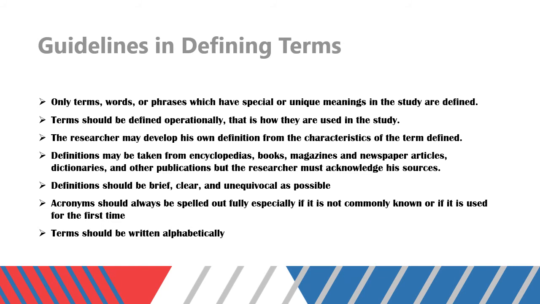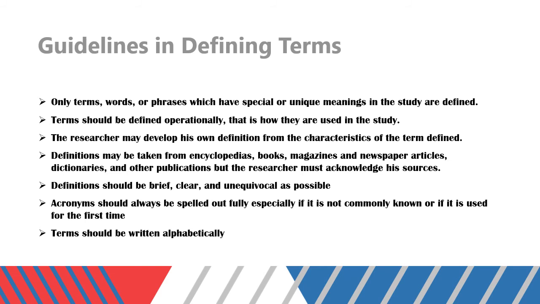Third, the researcher may develop his own definition from the characteristics of the terms defined. Thus, a house of light materials may be defined as one with bamboo or small wooden posts, nipa, buri, or nipa walls, split bamboo floor, and kogon or nipa roof. This is also an operational definition.